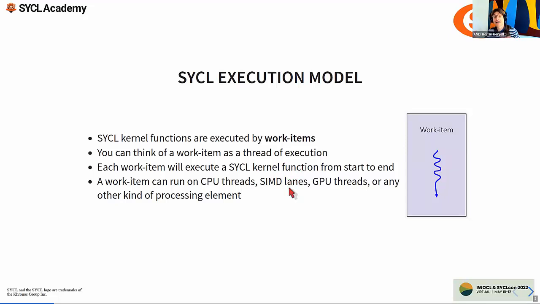On a CPU device, besides the thread or the fibers, it could be a single lane, but on GPU, it will probably be some threads or whatever. If you have FPGAs, it can be implemented in hardware.